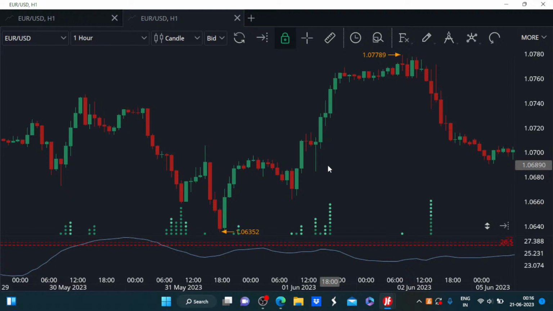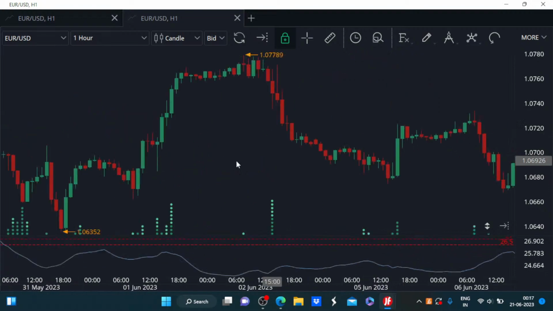So for that, we take the help of the price moves, the range of the price moves, and also the volume data. So I hope you got this idea of how to take advantage of this indicator.